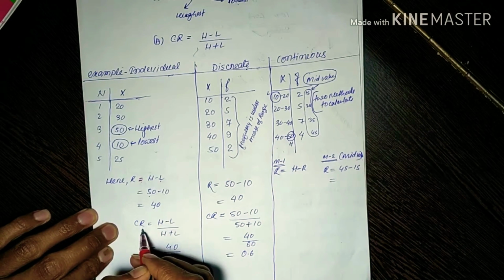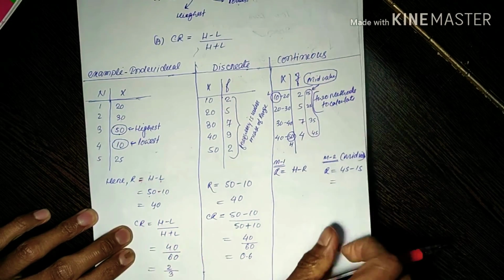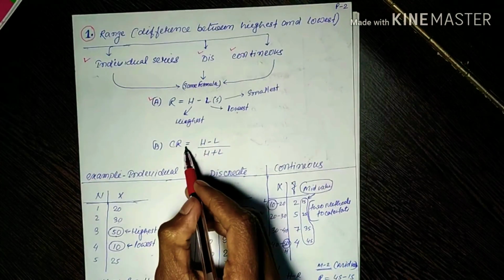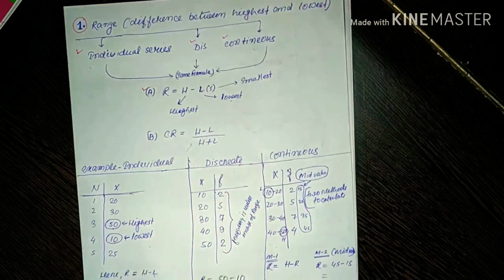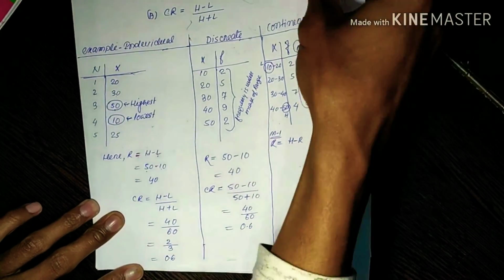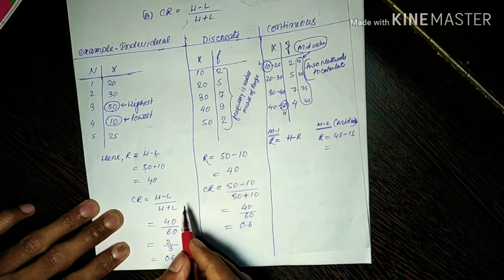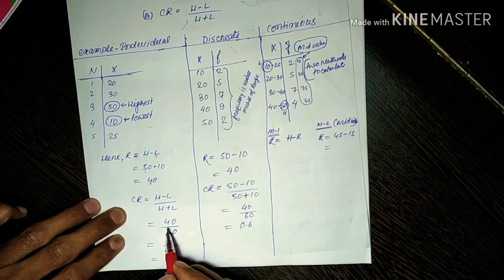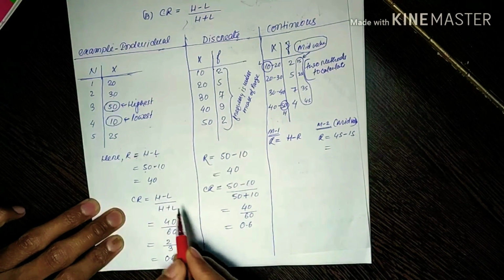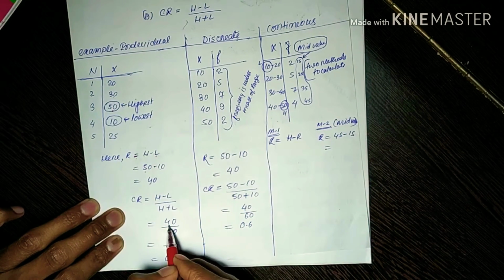Second, the coefficient of range. The formula is H minus L divided by H plus L. The highest number is 50 and the lowest number is 10, so 50 minus 10 equal to 40.